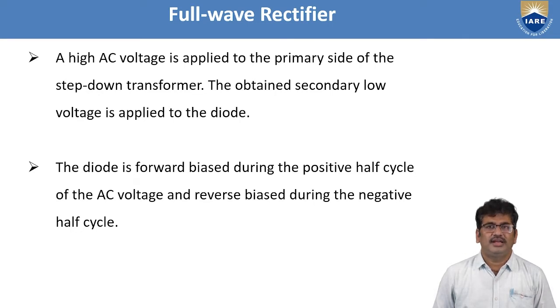The obtained secondary low voltage is applied to the diodes. With respect to diode D1, the diode is forward biased during the positive half cycle of the AC supply and reverse biased during the negative half cycle. With respect to diode D2, the diode is reverse biased during the positive half cycle and forward biased during the negative half cycle.